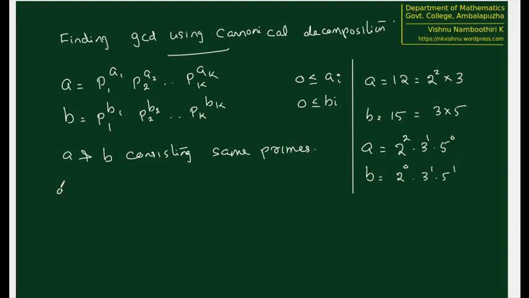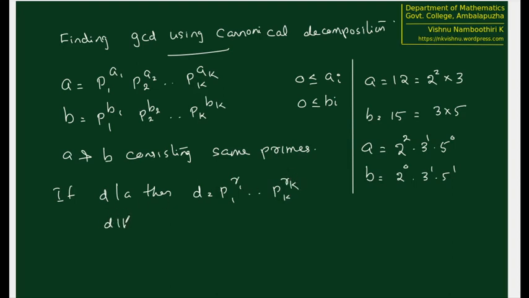So the GCD of A and B, in this case, we know that GCD divides both A and B and it is the largest divisor of A and B. So if D is a number dividing A, then D will look like P1 raised to R1, etc. Pk raised to Rk.